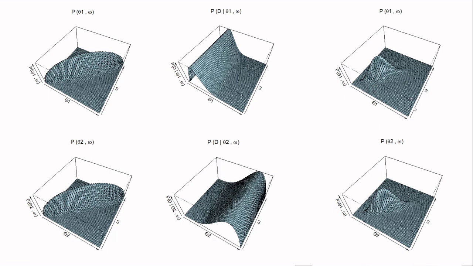Obviously, if the population parameter gets higher, then the peak shifts also to higher theta 1s. And for a lower population parameter, we would also have the distribution of theta at the lower end.